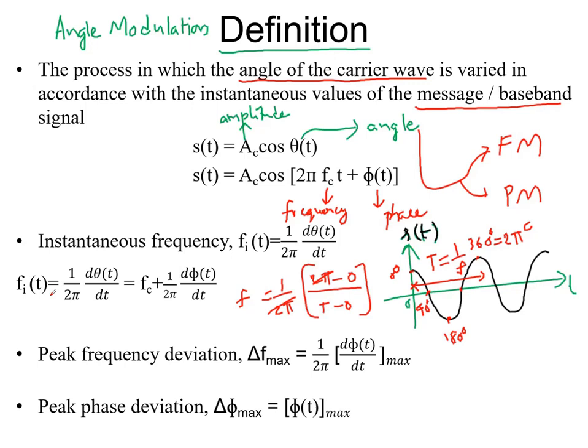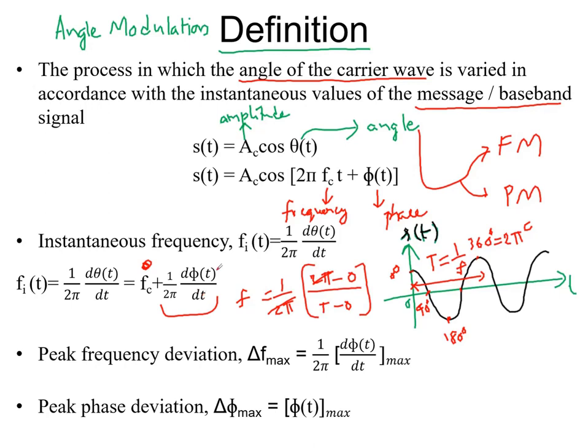Now, let us try to find out the peak frequency deviation here. What does deviation mean? Deviation means something deviating from a fixed value. Here fc is a fixed value, whereas this 1 upon 2 pi d phi by dt is going to change.